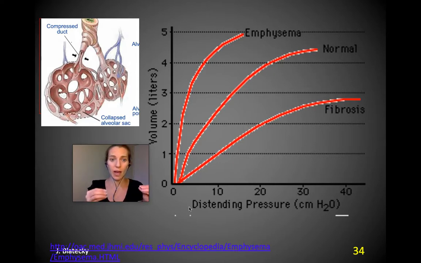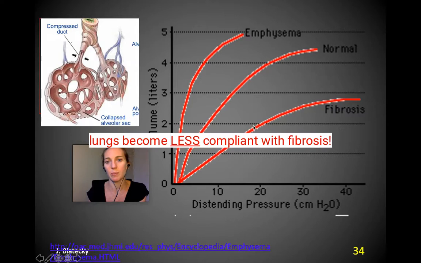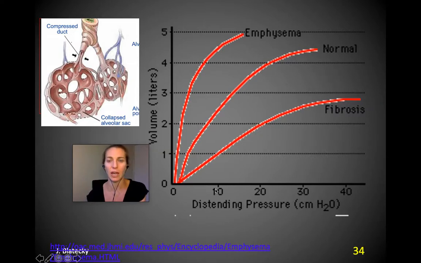Rather than being able to rely on the elastic recoil of those lungs to exhale, exhalation now becomes an active process. They are having to expend a tremendous amount of energy just to breathe, just to exhale. And with fibrosis, you see that the lungs become less compliant. The lungs are so stiff that you need a significant pressure change to achieve a given volume change.